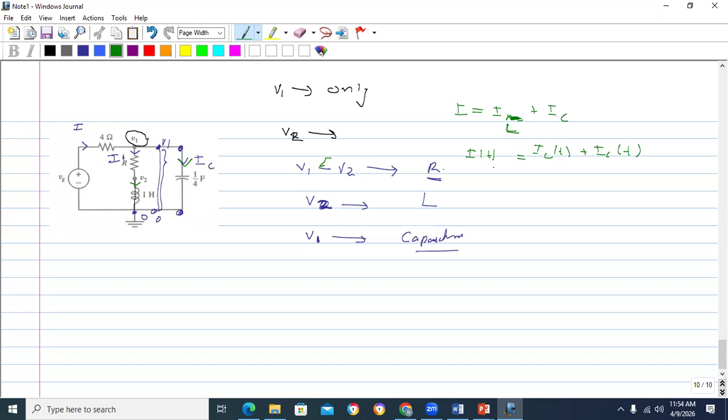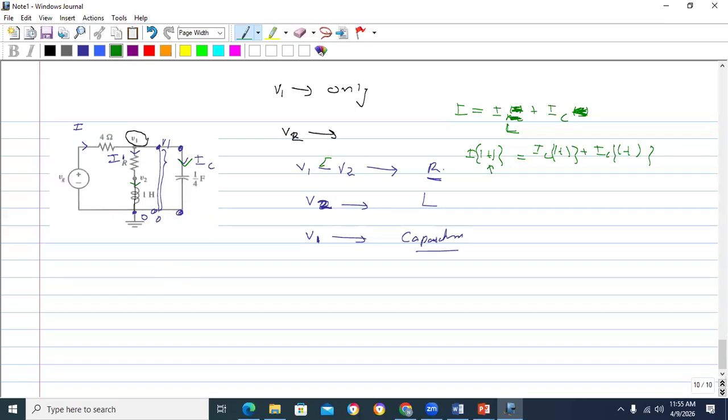I am not writing the letter t in the equation, but keep in mind that these are functions of time, varying with respect to time.